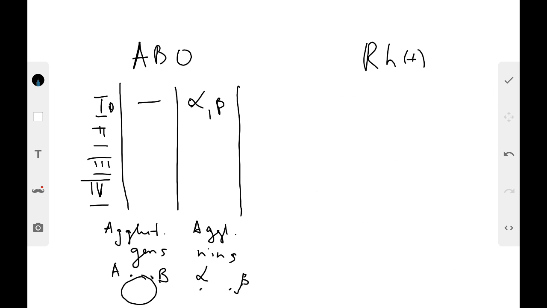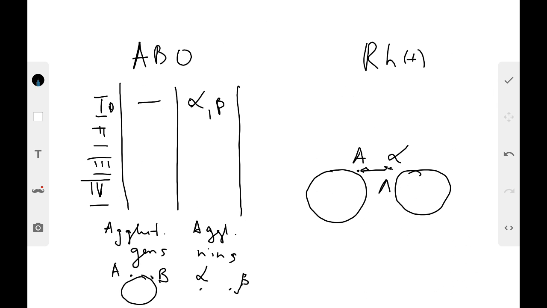So what will happen if agglutinogen A will be mixed with agglutinin alpha? There will be a reaction between them. They bind to each other, and to this agglutinin alpha, another agglutinogen A will bind, and maybe another.